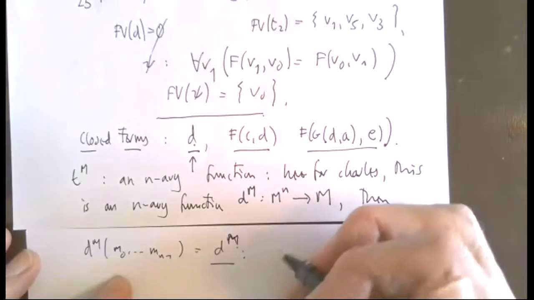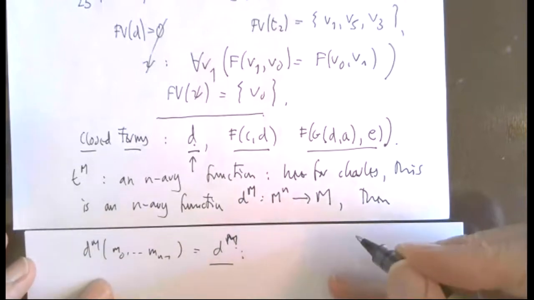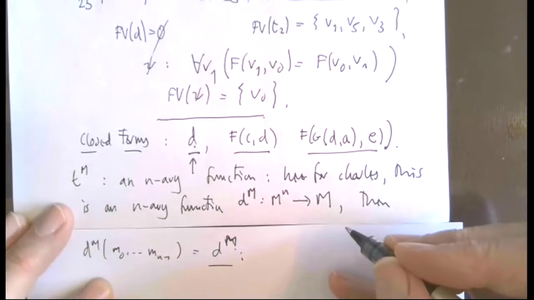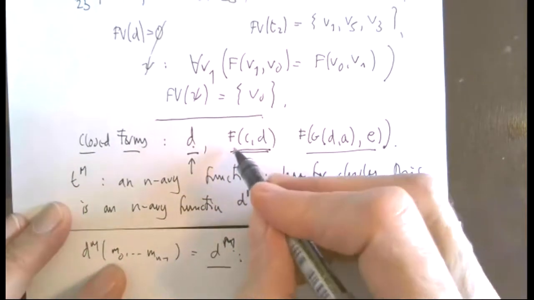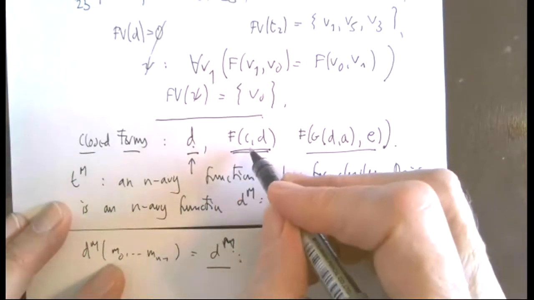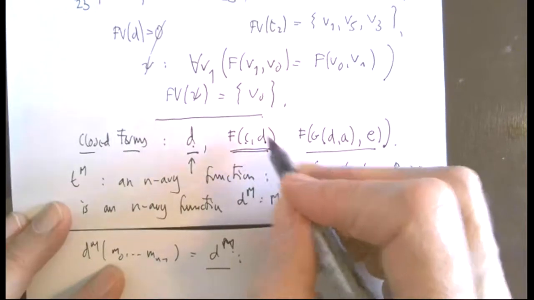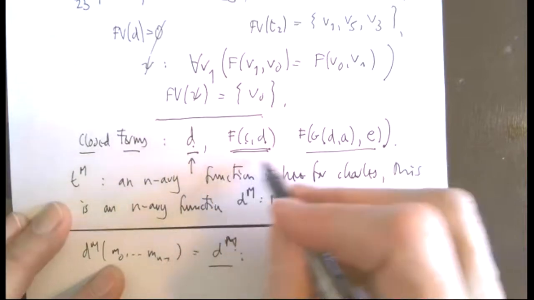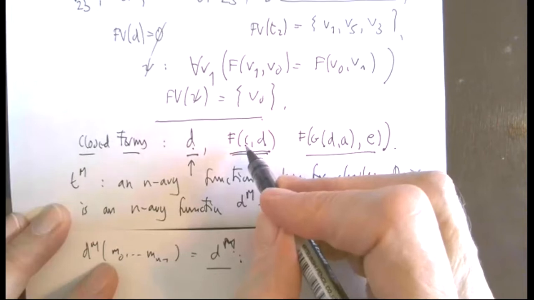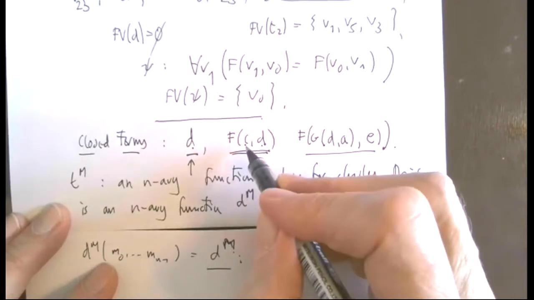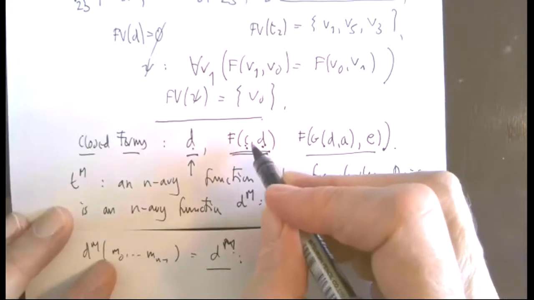When he says use induction on the construction of the term here, the argument will be: okay, we want an n-ary function. So we look at the n-ary functions we get from here and here, and we compose those and we get an n-ary function overall. The n-ary functions which we get for C and D always return whatever the interpretation of this constant symbol and this constant symbol are.